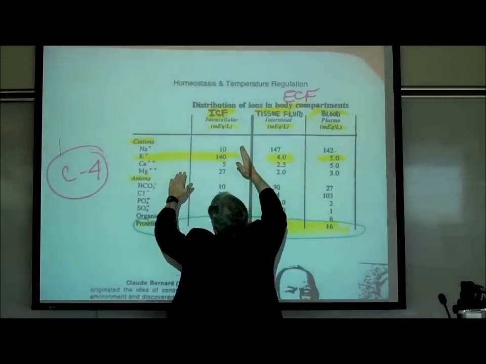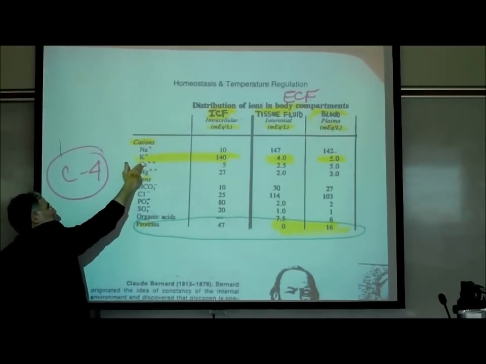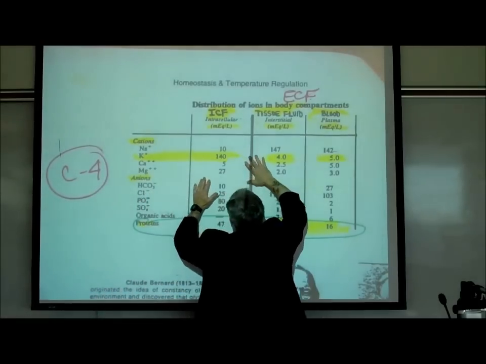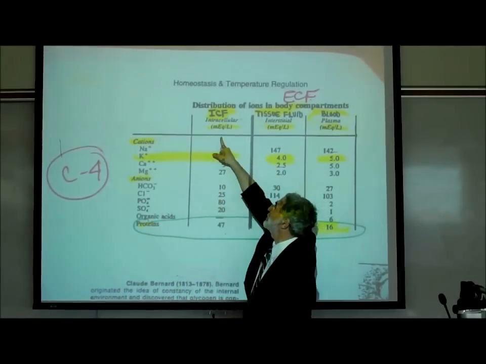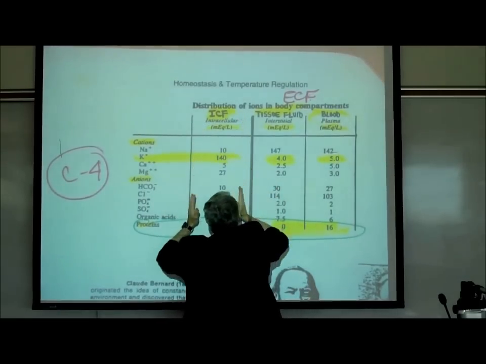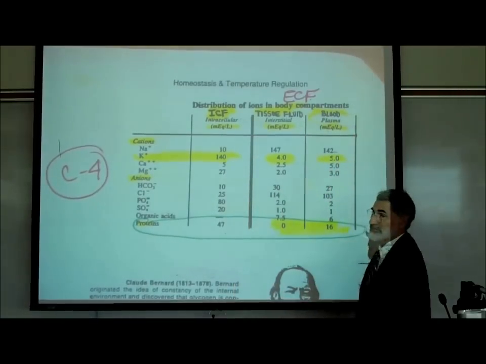It lists the various electrolytes, positive charged cations, negative charged anions, and gives their actual concentrations in milliequivalents per liter in the intracellular fluid, in the tissue fluid, and in the blood plasma.